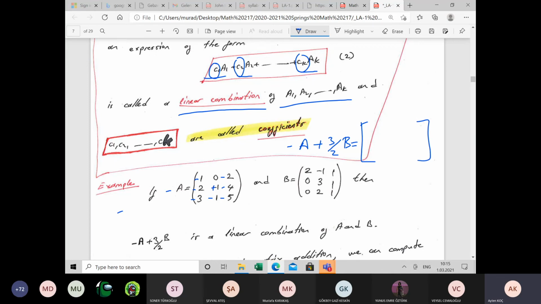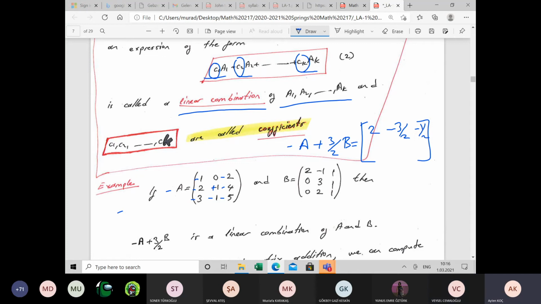So first entry, what's the first entry? 2. It's okay. The next entry, first row of the second column, what's this one? -3 over 2. The next one? -1 over 2. Write the second column, please.